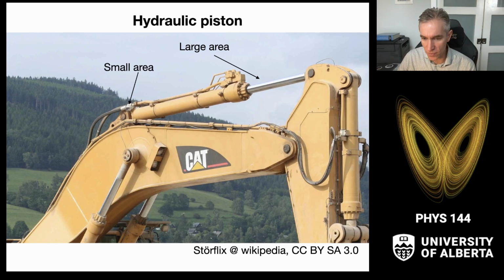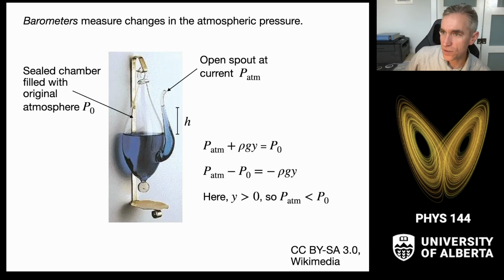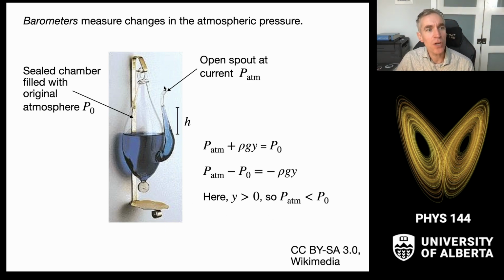Another neat example for this is the construction of barometers. Barometers are weather devices that measure changes in atmospheric pressure. They're essential for predicting local weather conditions. And the early barometers took advantage of this Pascal's law relationship.